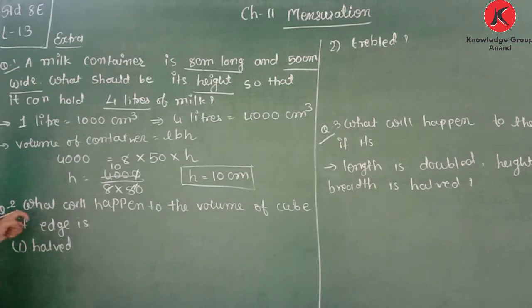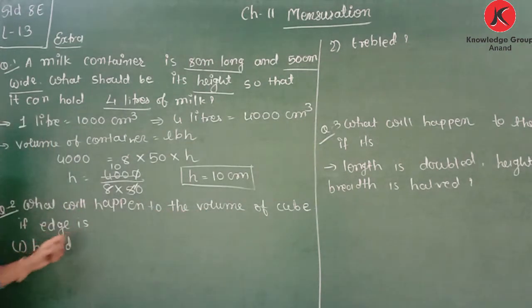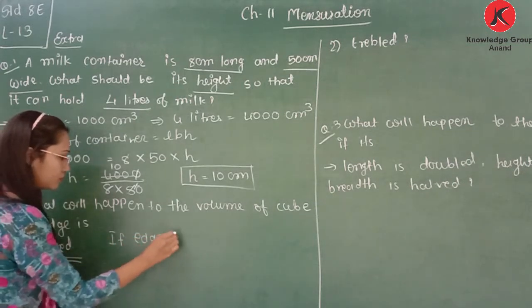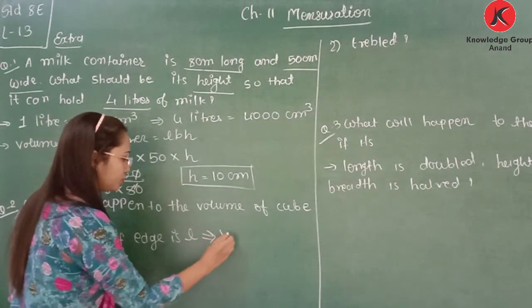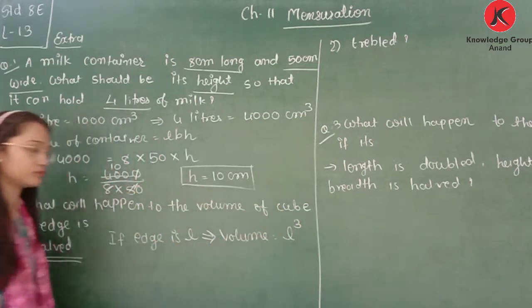Now next one. What will happen to the volume of cube if edge is half? So this kind of example we already solved in textbook example. So when edge will be half. So if edge is L, then volume will be L cube.